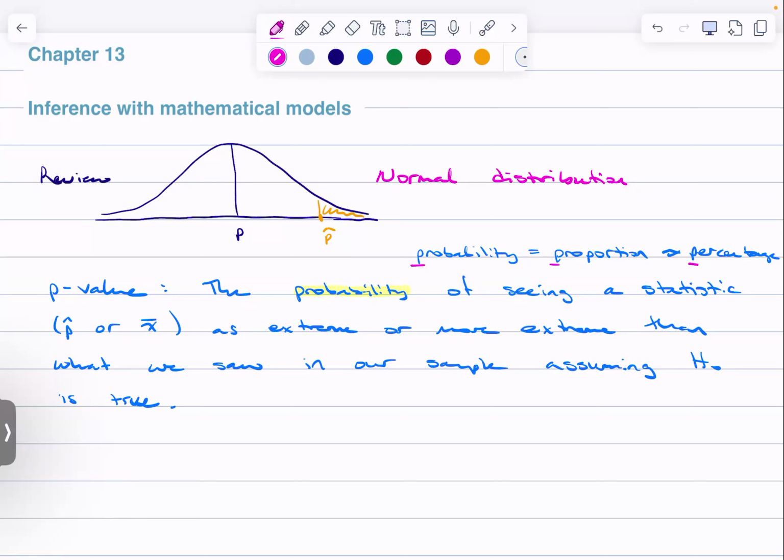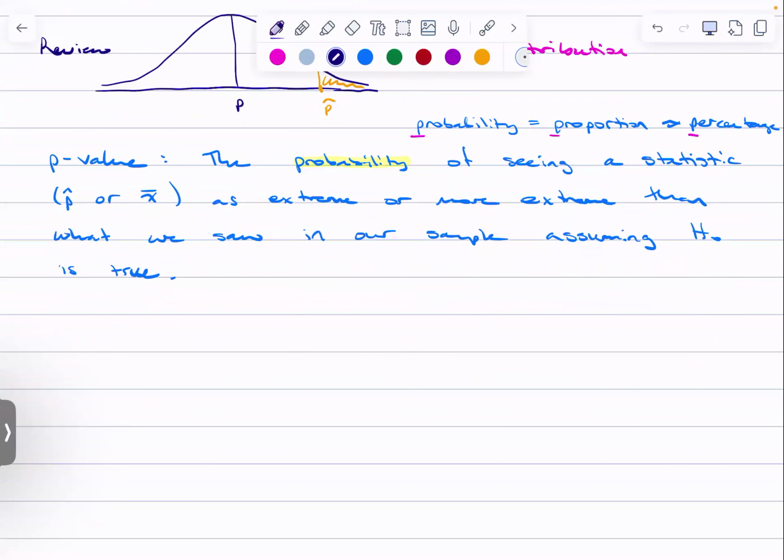And so last week we counted how many of my 10,000 samples were more extreme than what we saw just by random chance alone. Now we're going to need to find a way to find this area, but without the randomization. And I'll call that the end of our review.